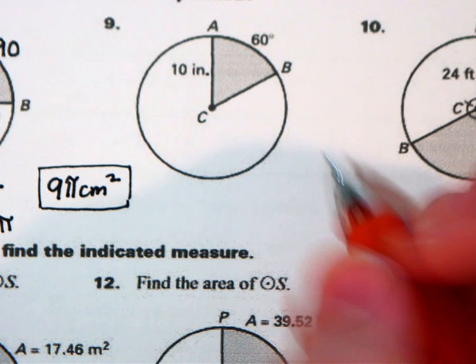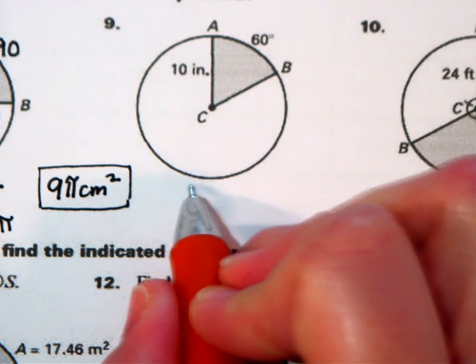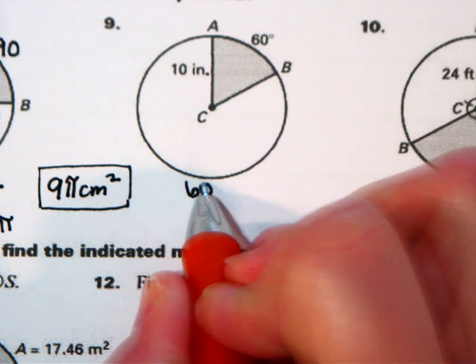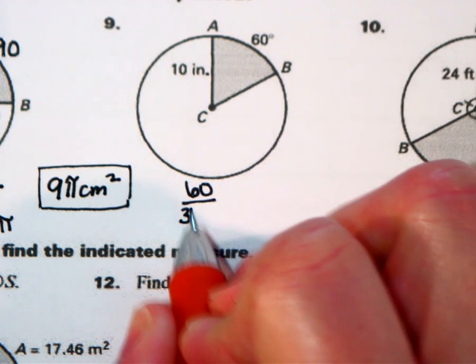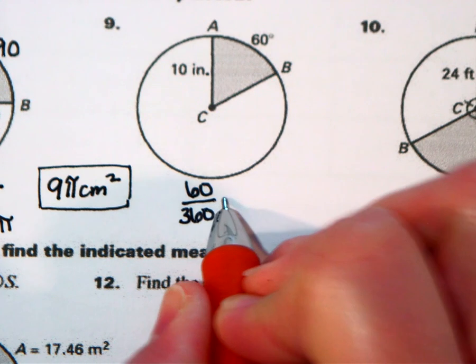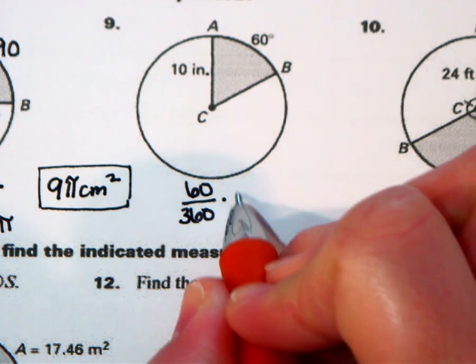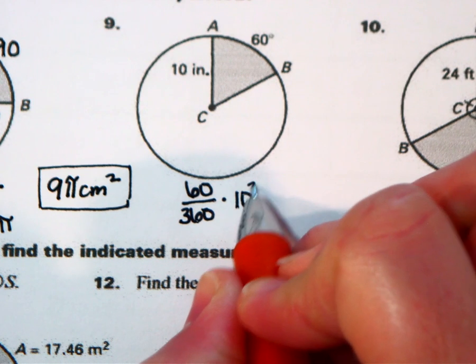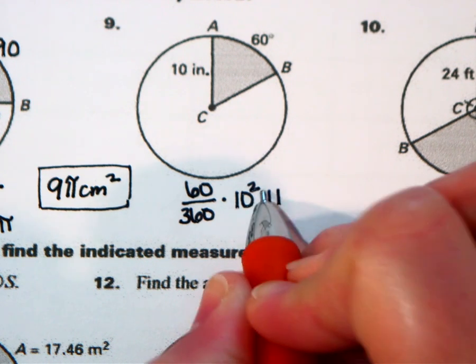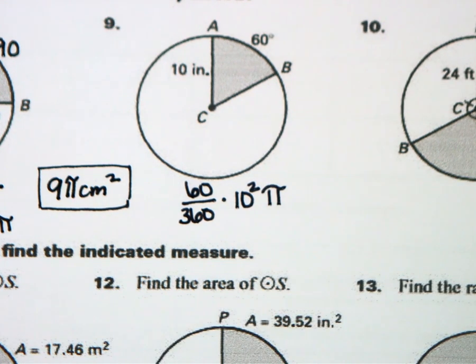Okay. So here we go. 60 over 360 times pi 10 squared. And if it helps to remember not to put the pi in, maybe you put the pi just kind of at the end there. That's okay. You can do that.